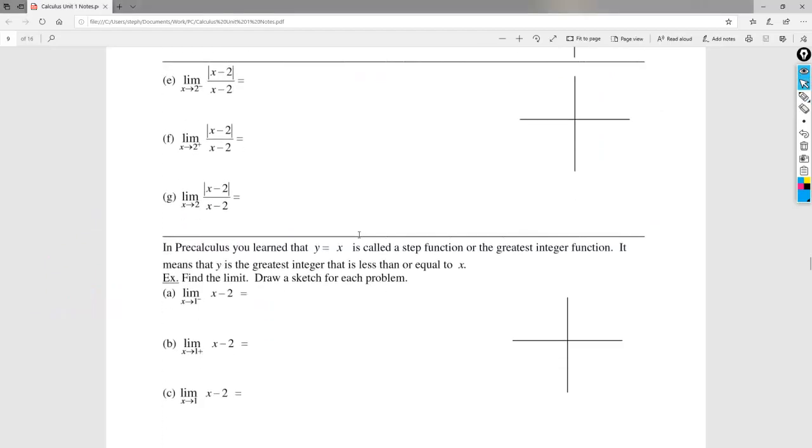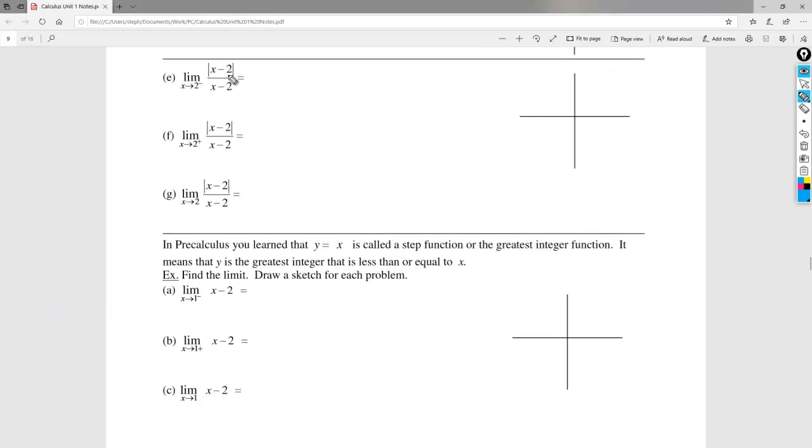Alright, next, throwback, we have the signum function, if you remember. That was the absolute value of x over x. Okay, so the graph looked like this, where this was 1 and negative 1. Okay, but I've shifted to the right by 2. And I want to know what's happening as I approach 2 from the left.